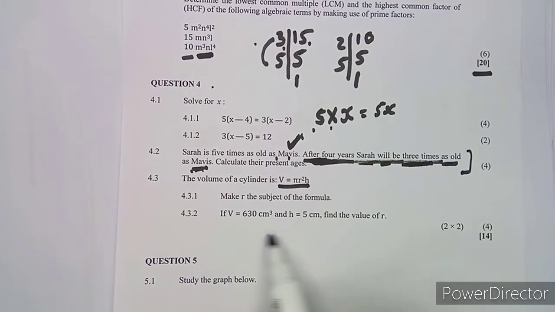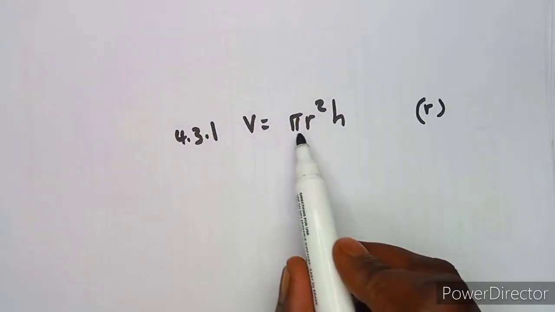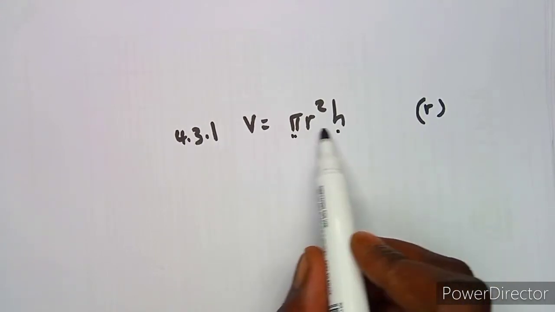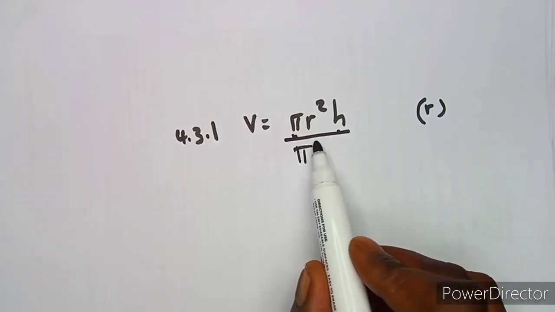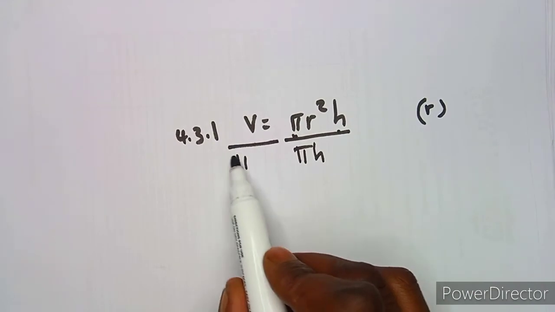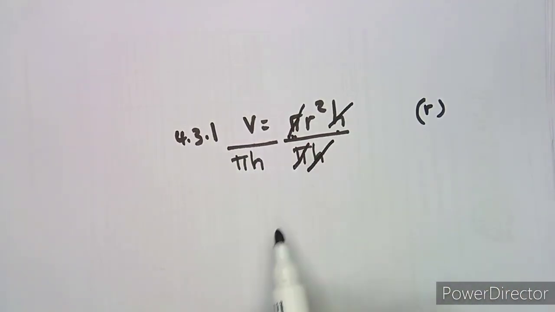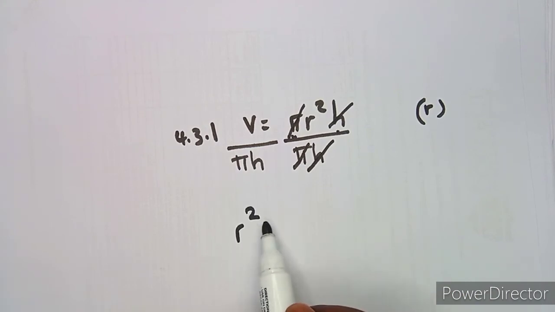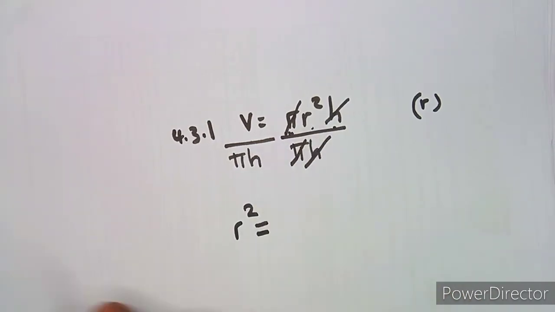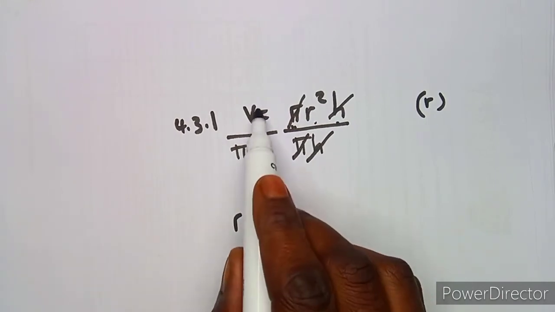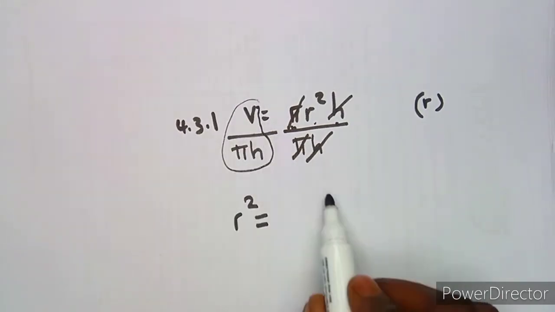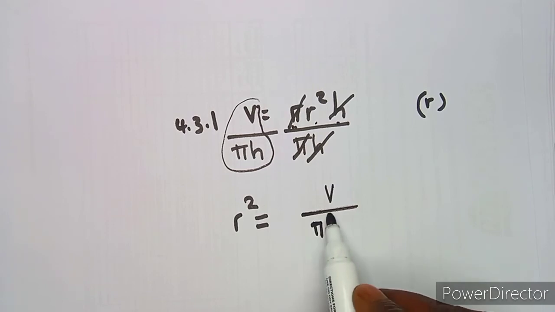So which stages are we going to take, guys? As you can see, these two, they are multiplying. So we can remove these two by dividing. Pi h divided by pi h. So pi and pi can cancel, h and h can cancel. So that will be R squared is equal to this one. R squared will be equal to this whole part here, which is v over pi h.